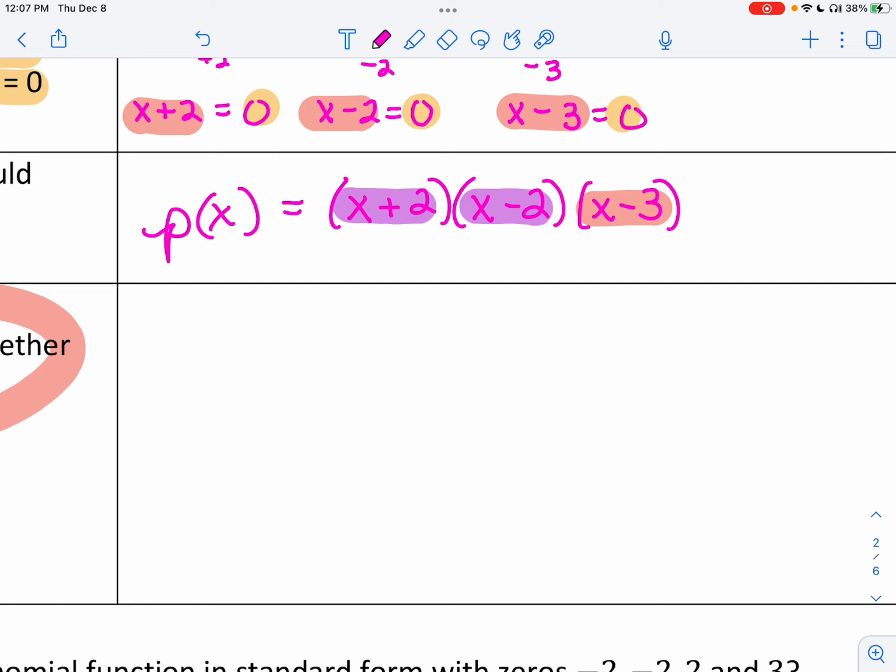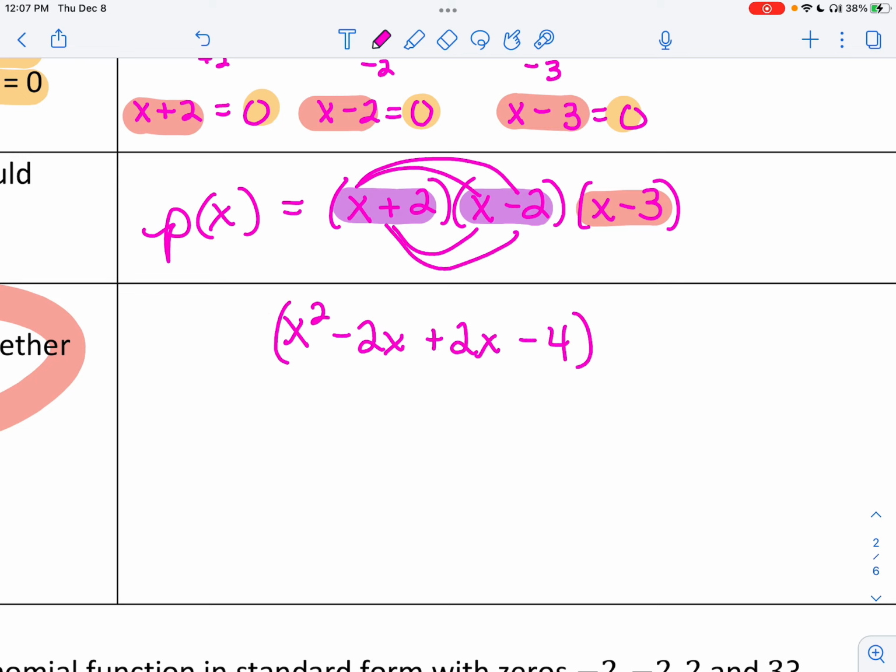So I will do x times x is x squared minus 2x plus 2x minus 4. I'm just doing the purple ones first. I'll deal with the red one in a second. That will reduce to x squared, take away 4. Conjugates are nice like that.